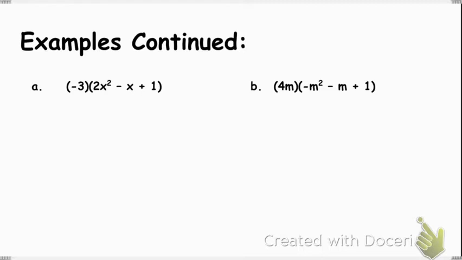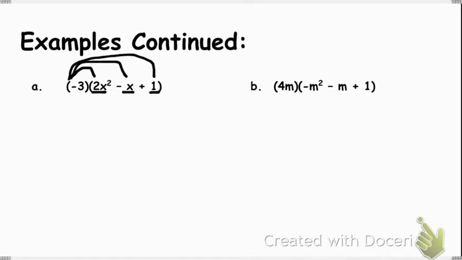So we've got some more examples, and we're getting a bit harder. We have to remember to distribute it to every term, so each term in here is split up by an addition sign or a subtraction sign. So we've got to distribute it to each one.